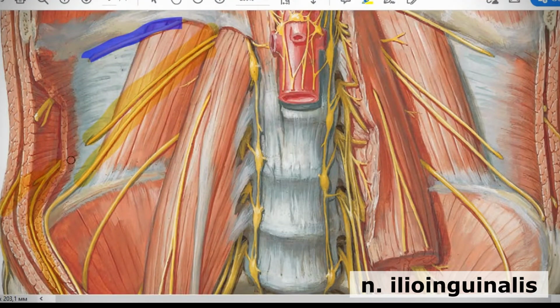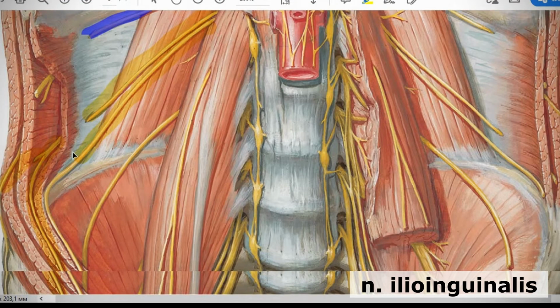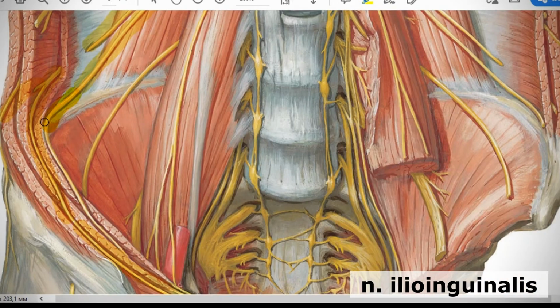It also lies on quadratus lumborum, then on the internal surface of your abdominal wall, and it reaches the deep inguinal ring. You remember canalis inguinalis has a superficial and a deep ring, annulus profundus, in the lateral inguinal fossa. So this nerve goes to this ring and goes through it.